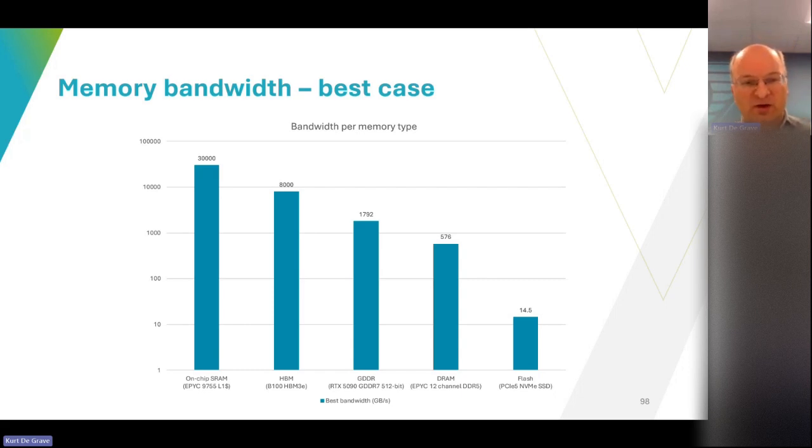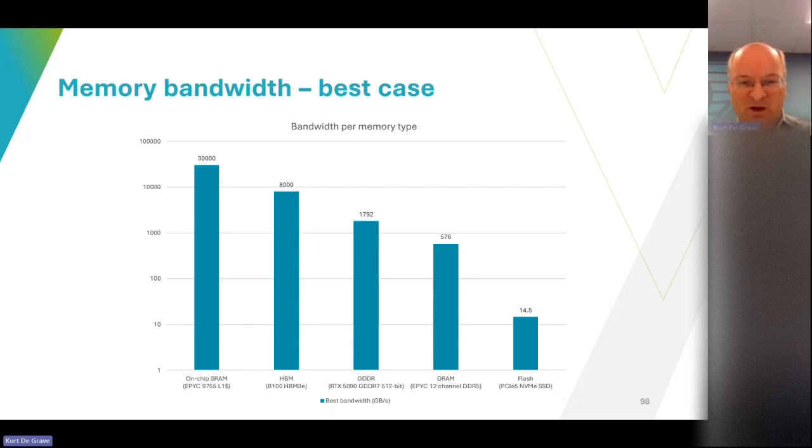Then a consumer graphics card that comes with GDDR memory can have up to 1.7 terabyte per second bandwidth. So that's for a top-end NVIDIA card. A normal CPU server, the best ones of those come with 12 channels of memory per CPU, and that gives you approximately half a terabyte per second.